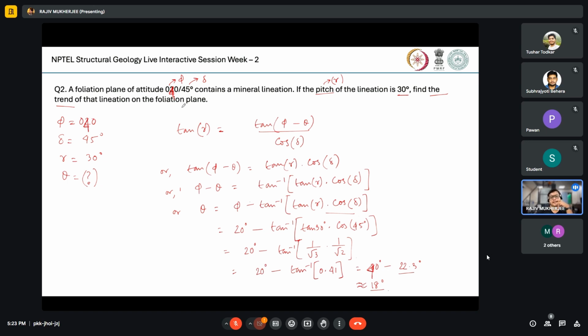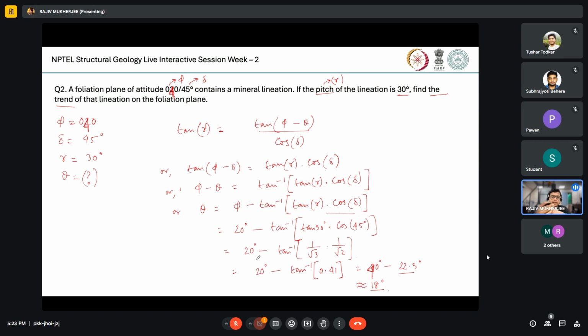Now another thing is that even if we get a negative value from this, that means the numerical value of the trend is getting larger than the strike value, so actually it is farther away from north than the strike is.